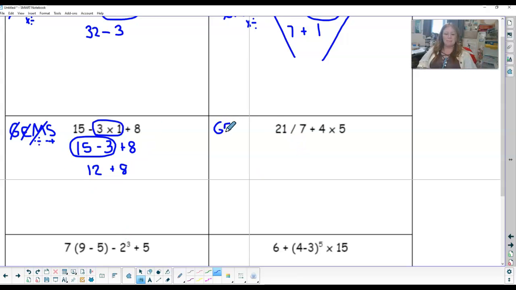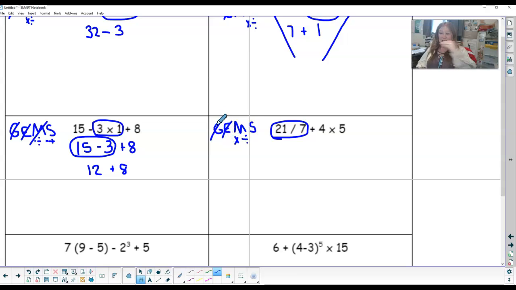So every time we are writing gems. So when you want my help, you got to have this on your paper. So looking for groups, we don't see any groups. Exponents, no exponents. So we're looking for times or divide. Oh, here's 21 divided by 7. So even though it's M and multiply, you hear that first, these are equal.